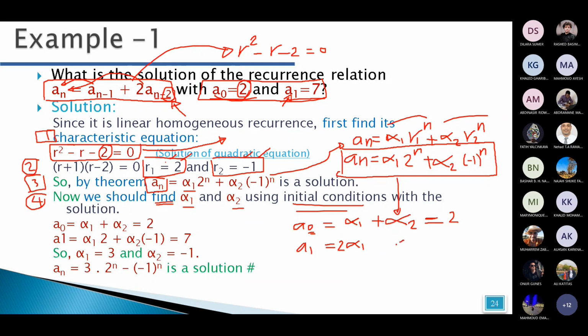Okay. Alpha 2 here, -1 power 1, so it becomes -1, so minus alpha 2, equal 7.